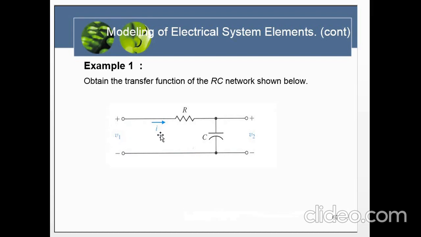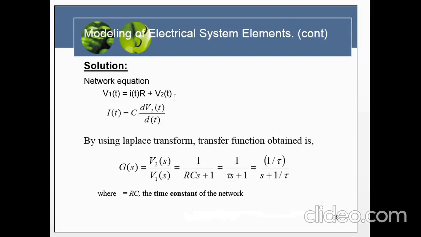The voltage input is v1, the current flowing in this circuit is i, and the voltage output is v2. v2 is equal to the voltage in C. Based on the network, applying Kirchhoff's law, we get that v1(t) is equal to i(t) R plus v2(t), and i(t) is equal to C dv2 per dt.